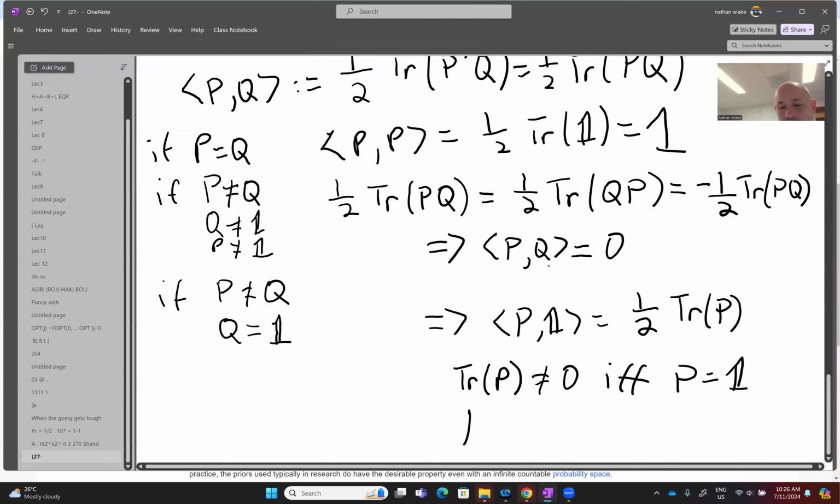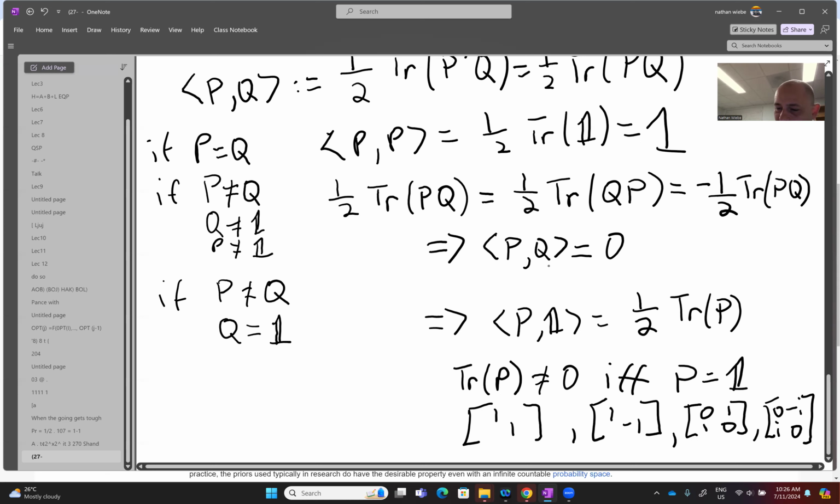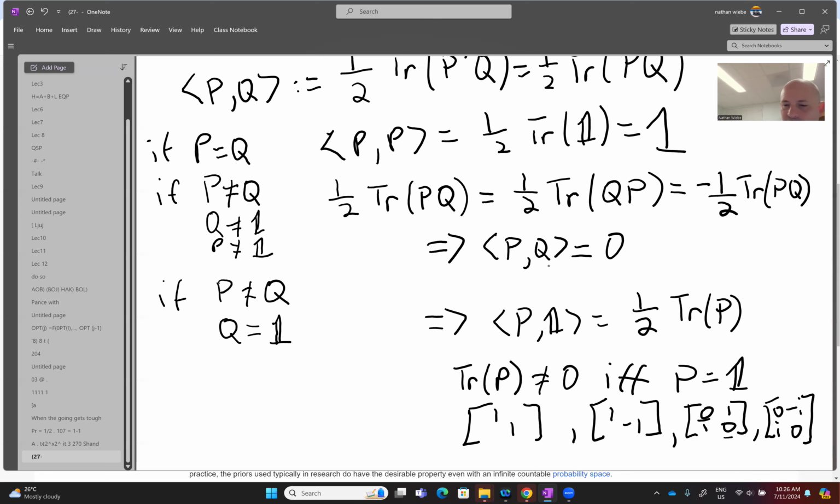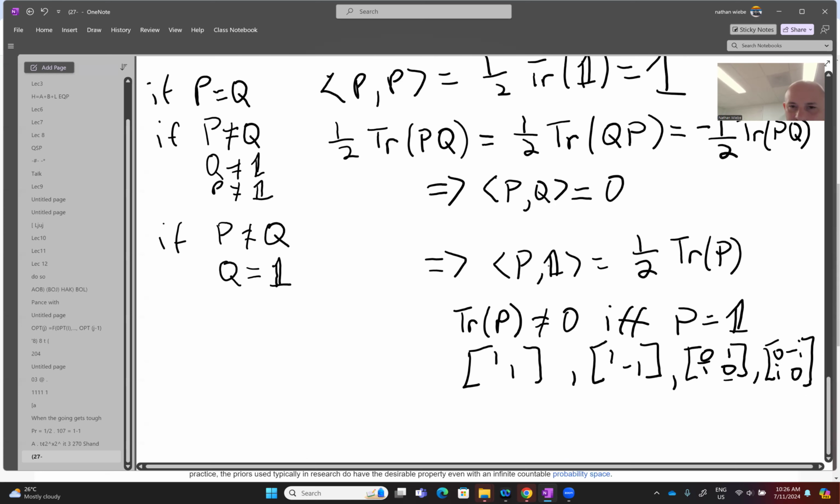And you can see this just by drawing them out, right? Identity is 1, 1. That has a trace of 2. We have Z. Z's got a trace of 0. X has a trace of 0. And Y has a trace of 0 as well, because a trace is just the sum of the diagonal elements. So we can see then that this implies that the inner product of P and Q equals 0.